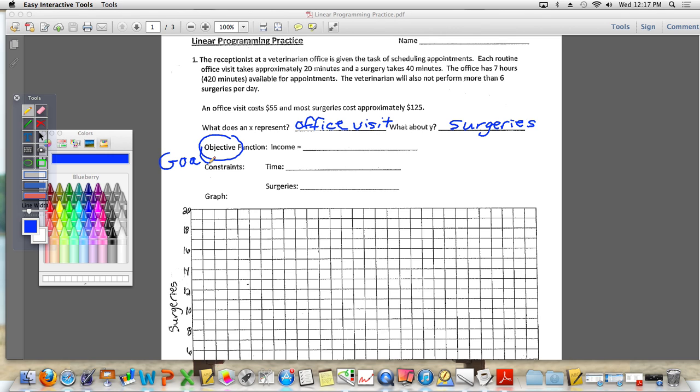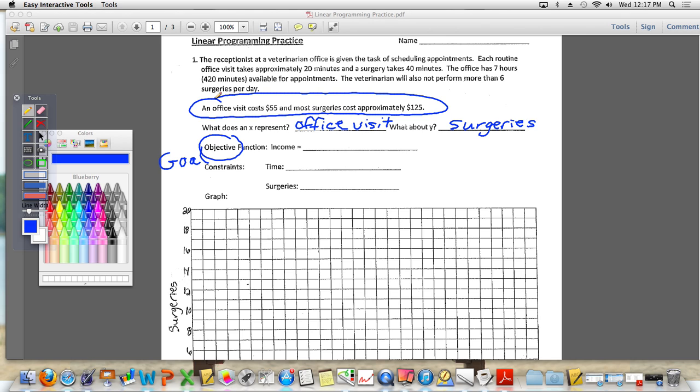There is a sentence right here, probably the most important sentence, that tells you how much money the vet can make. How much money will the vet make off of an office visit? He will make $55. An office visit will cost $55. So every time he has an office visit, he's going to make $55.